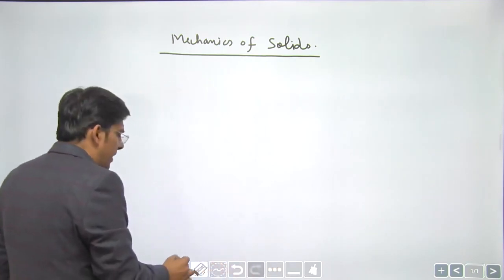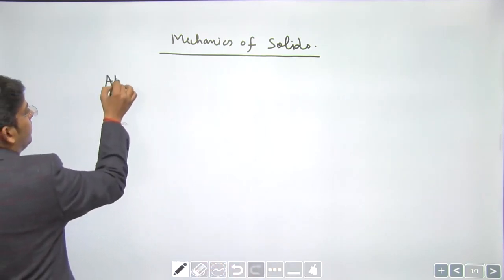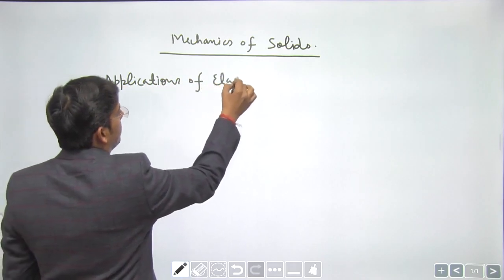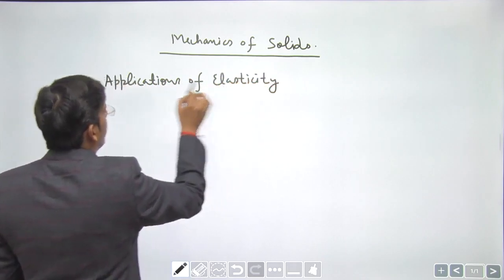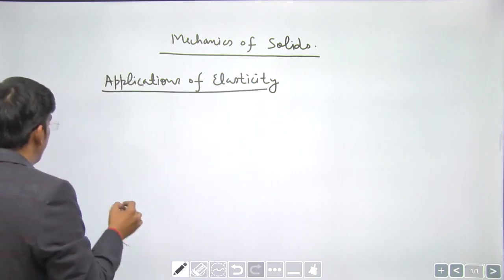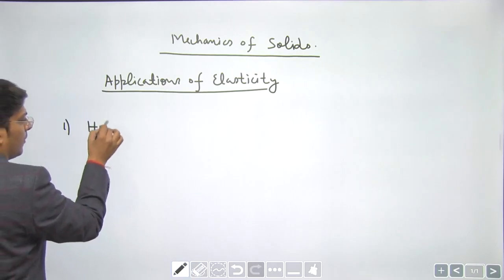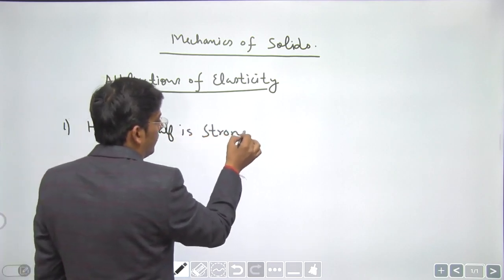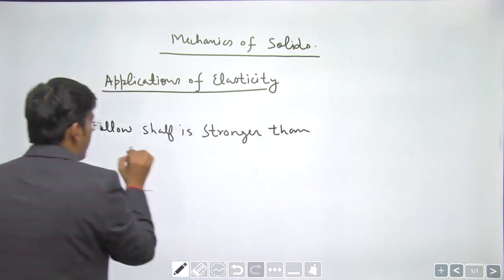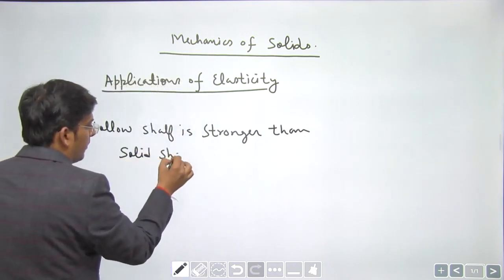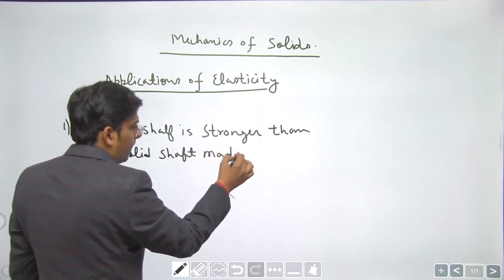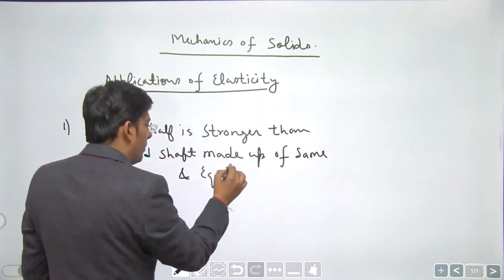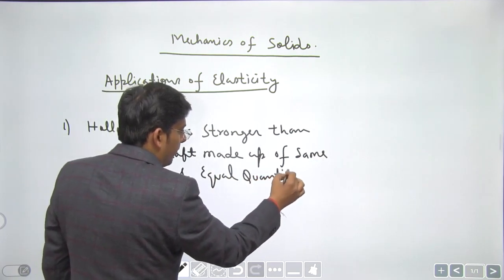Now we have some basic applications of elasticity. One important thing is that a hollow shaft is stronger than a solid shaft made up of the same and equal quantity of material, okay?